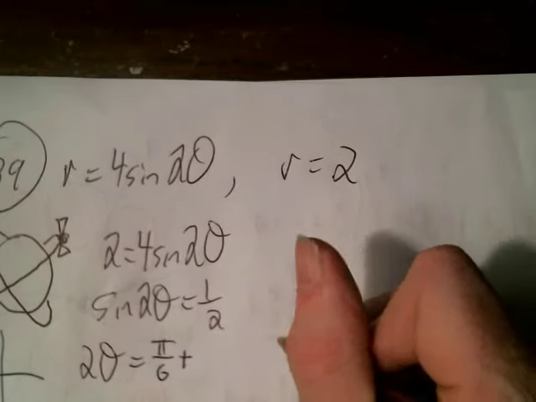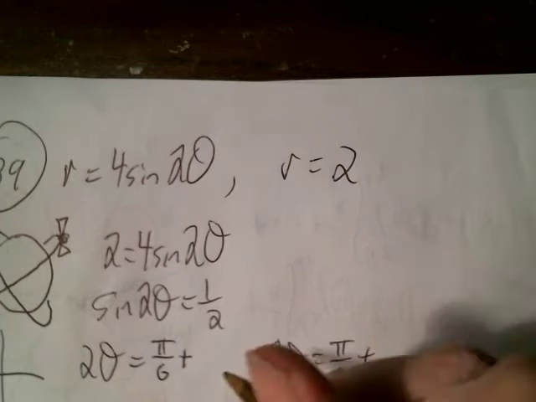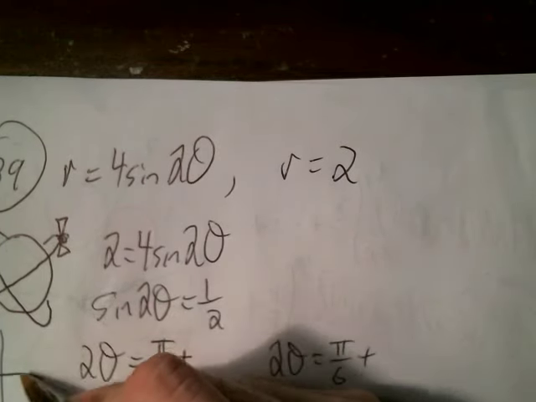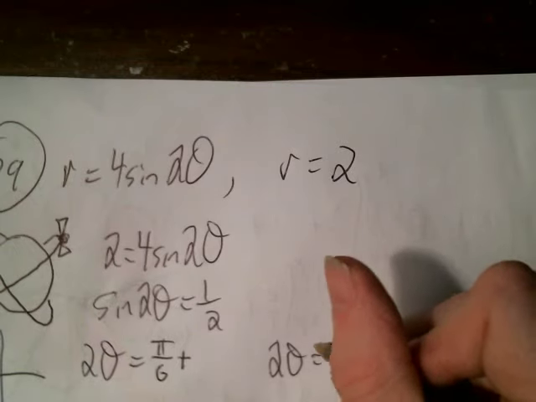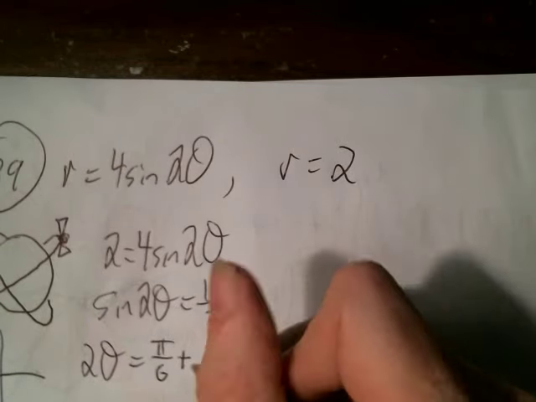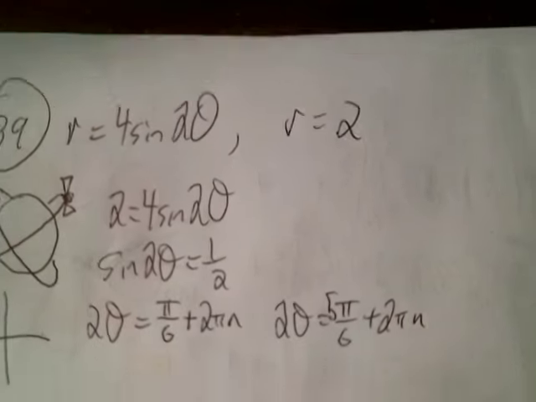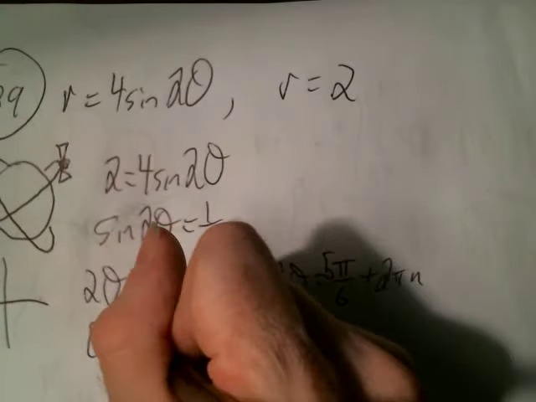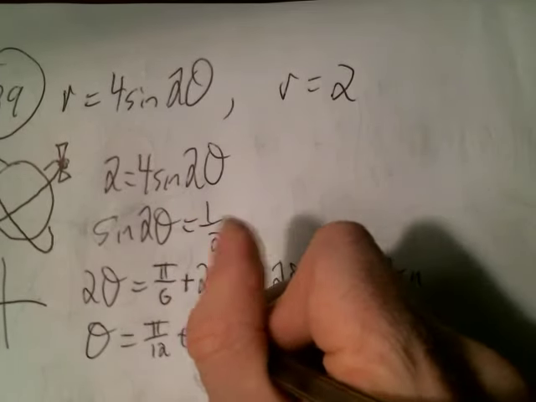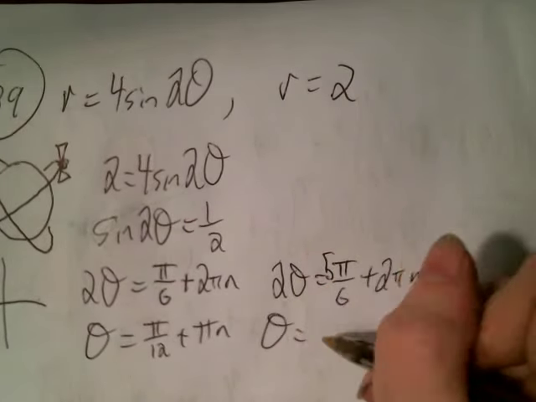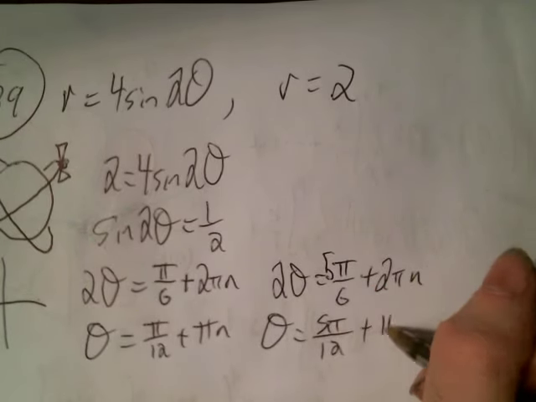Yeah, there's 2 of them. So 2 theta is pi over 6, and 2 theta is pi over 6 plus a 5. Where is sine positive? Sine's positive in the second quadrant. So that would be 5 pi over 6 plus 2 pi n. There we go. The slow horse crosses the finish line. All right, so theta is pi over 12 plus pi n, and theta is 5 pi over 12 plus pi n.